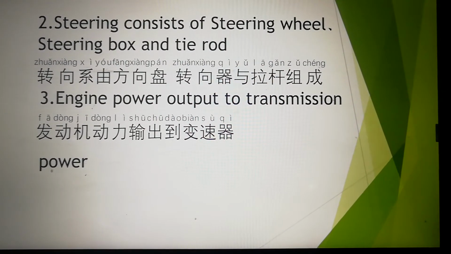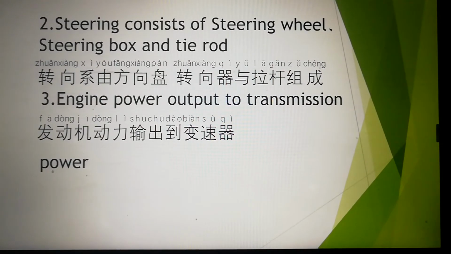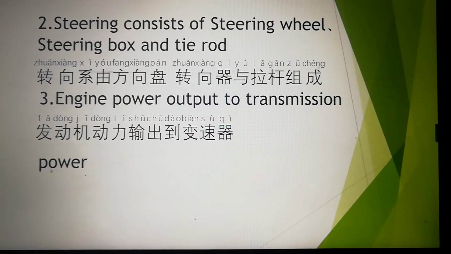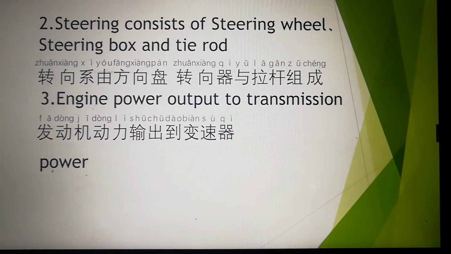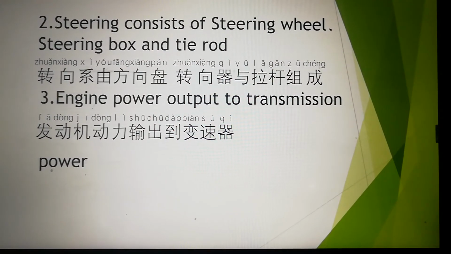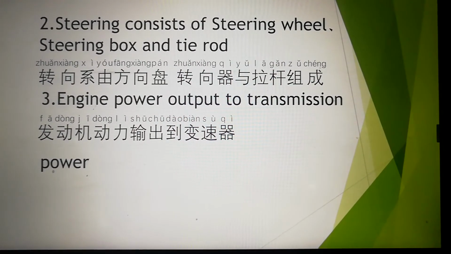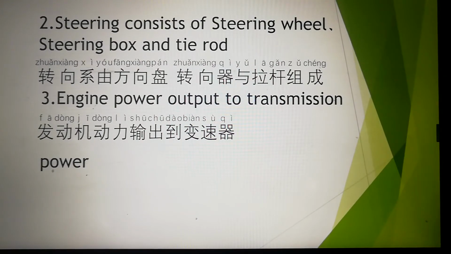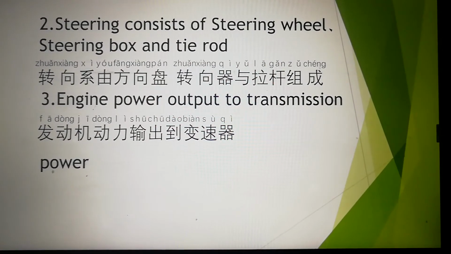In this sentence, we have learned how to express engine and transmission in Chinese. But we do not know how to express power and output in Chinese.